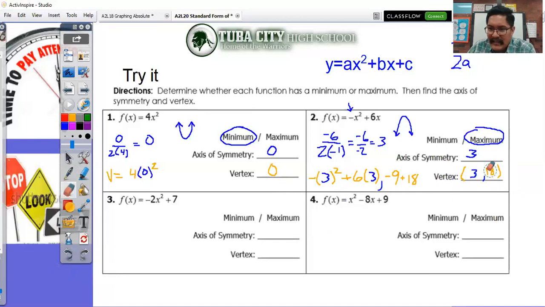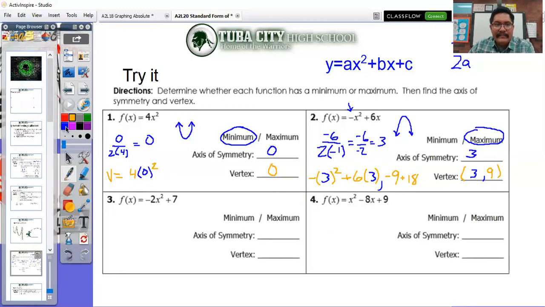And I said it should be 9, but I don't know why I didn't put 9 in there. This 9 is the one we got after plugging in the 3 for the x. Okay, so now we are done with that one.